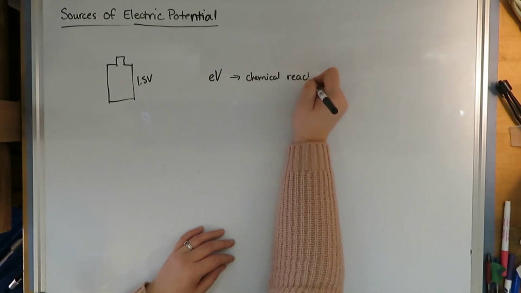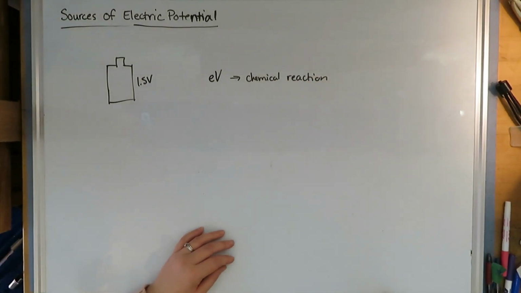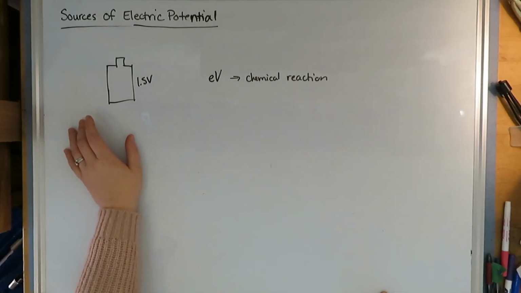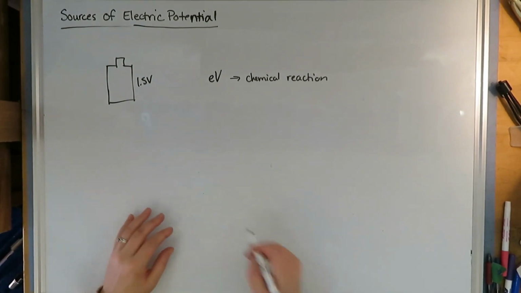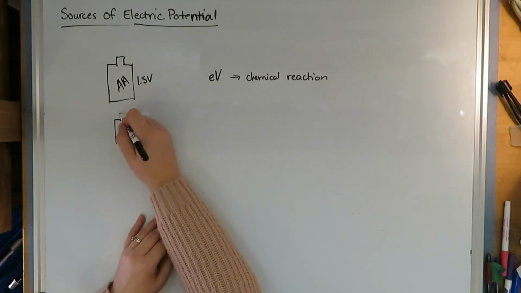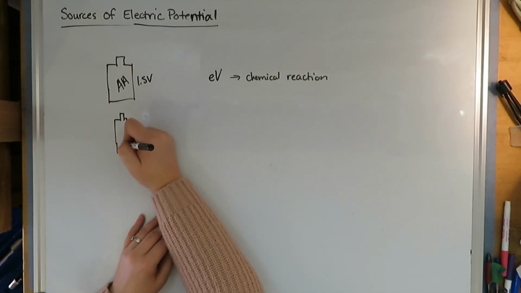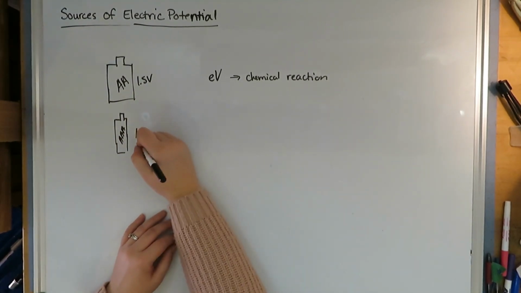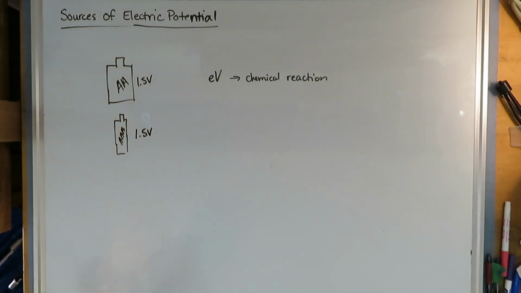Any one particular chemical reaction produces one particular voltage. So if I have a 1.5 volt AA battery and a 1.5 volt little AAA battery, these are both 1.5 volts. They both have the same chemical reaction taking place inside of them.